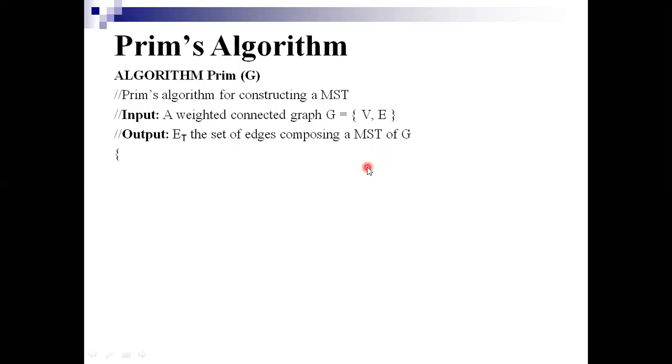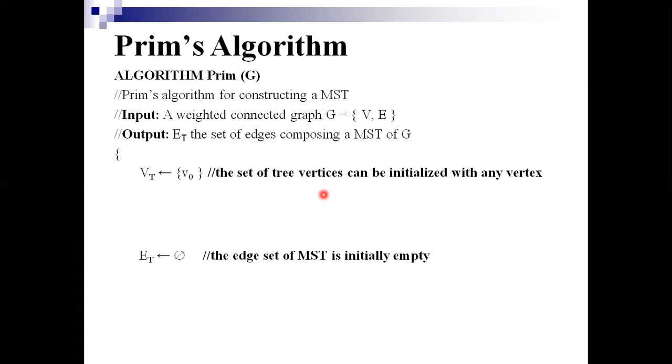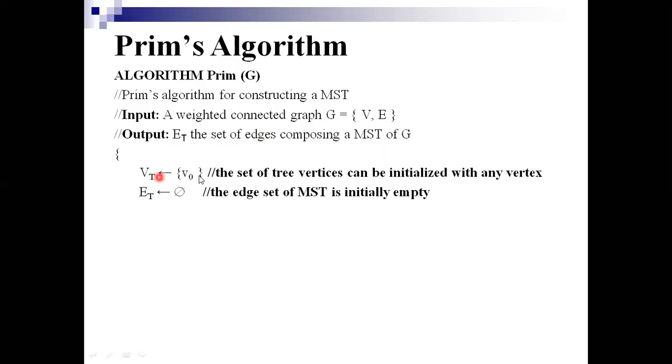So let us begin the algorithm. The algorithm which has already been discussed in your class, you can see that we start with one vertex. That means the set of tree vertices, VT, will be initialized with any vertex of the graph. So start with a vertex, and the set of edges of the MST, that is the minimum spanning tree, is initially empty.